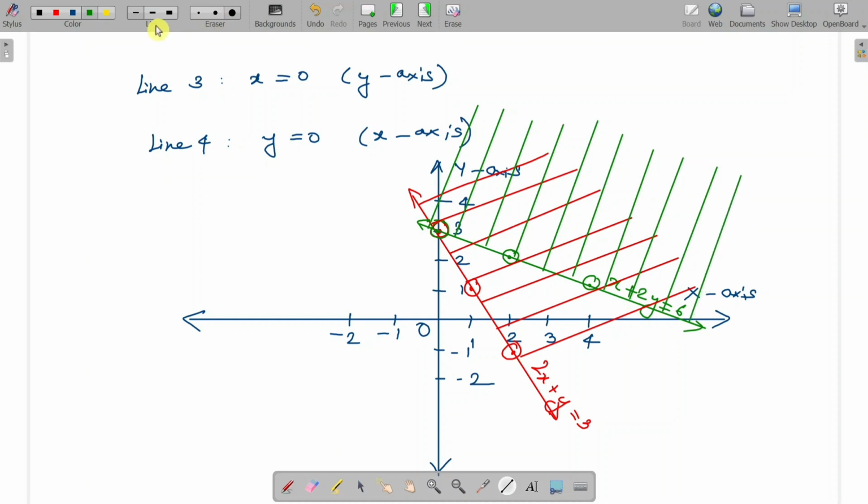For the second line. Now you know, for the inequality x greater than or equal to 0, the solution region is this, and for y greater than or equal to 0, the solution region is this, above the x axis.